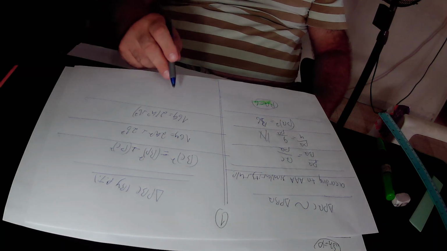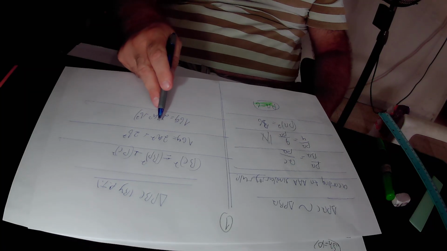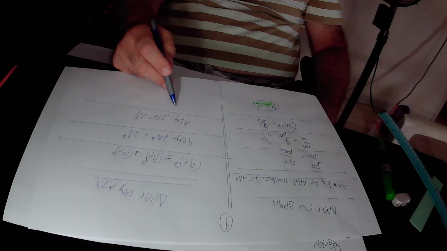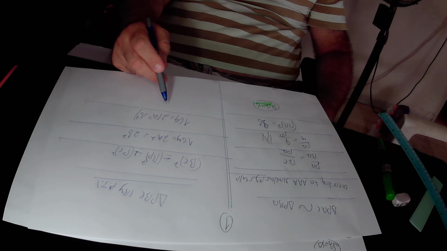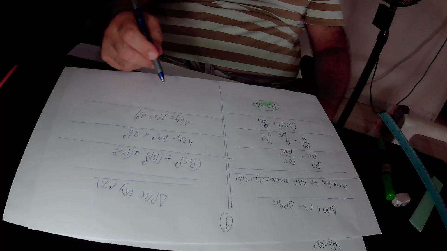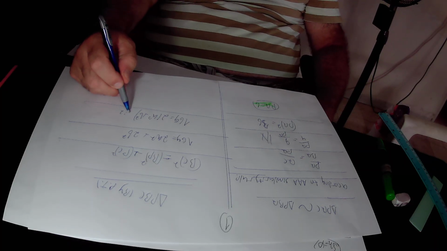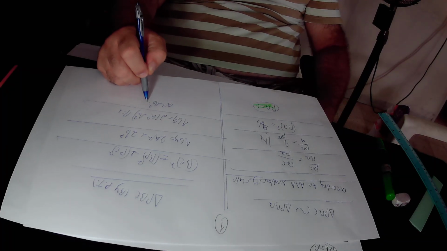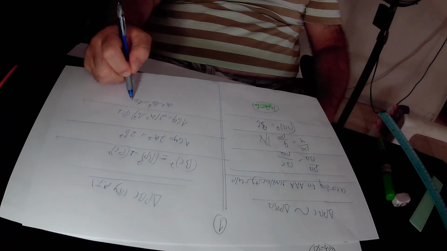Here we took 2 as a common factor from those two expressions, so inside the brackets we have A square plus B square. So in total, we actually found out that 169 equals 2 times A square plus B square. Here we divide this equation by 2, and finally we get that A square plus B square equals 169 over 2.